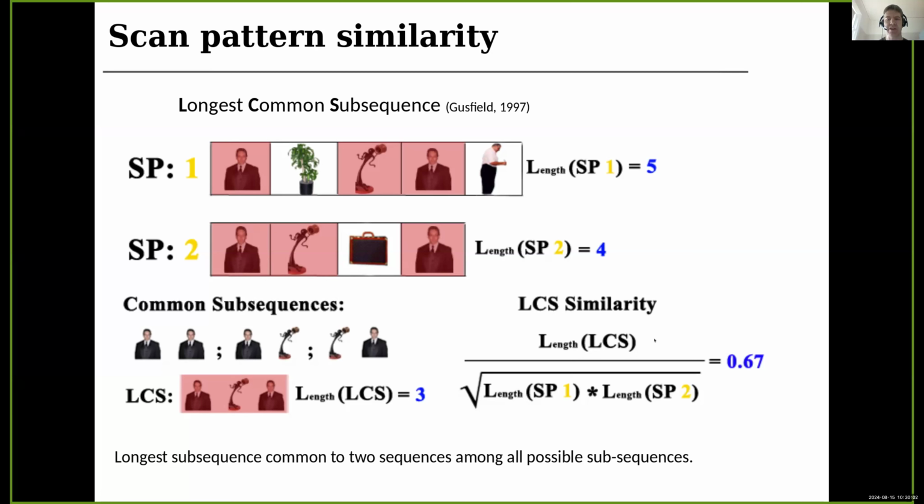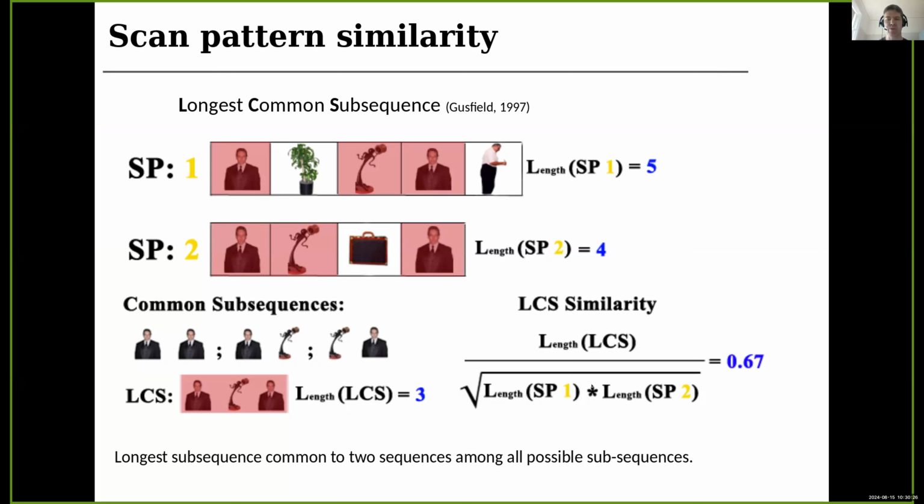And then we take the length here and normalize it by the average length of the two scan patterns. So this is just a geometric mean of the length of scan pattern 1 and scan pattern 2. So if the two scan patterns were identical, then this would give us 1. If they had no common subsequences, this would be 0.